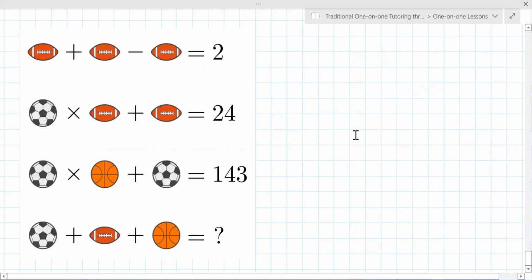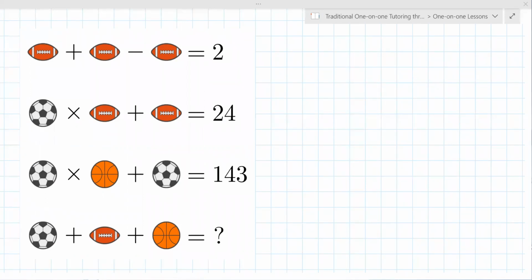Take a minute or two, and what I really want are the individual values first, and then the final answer. I got 25.